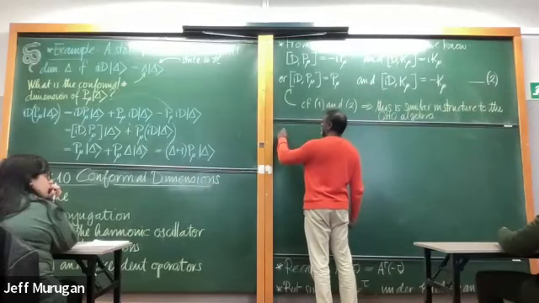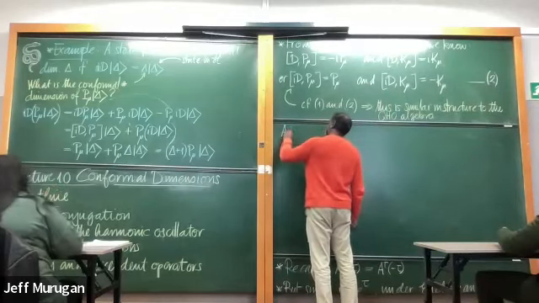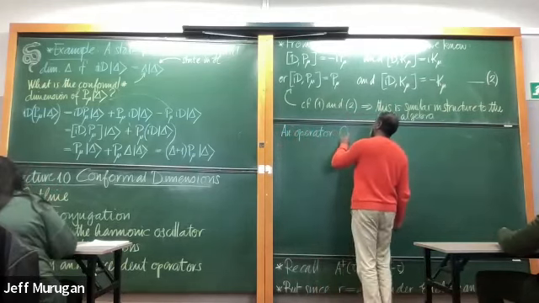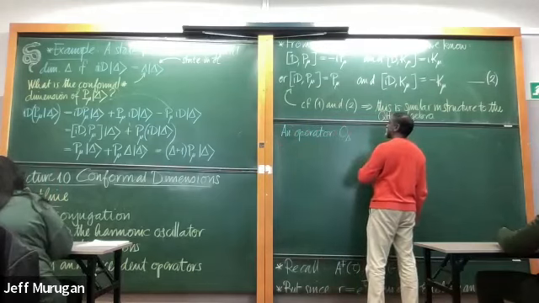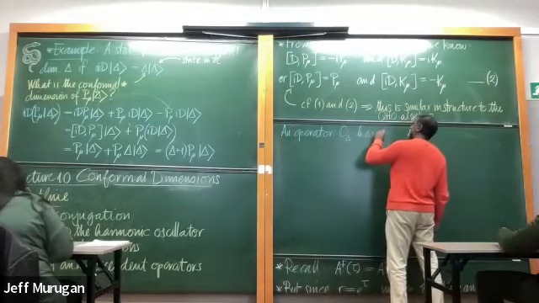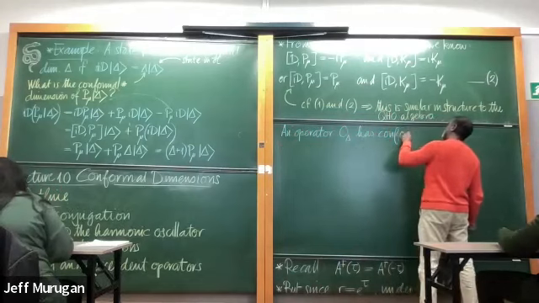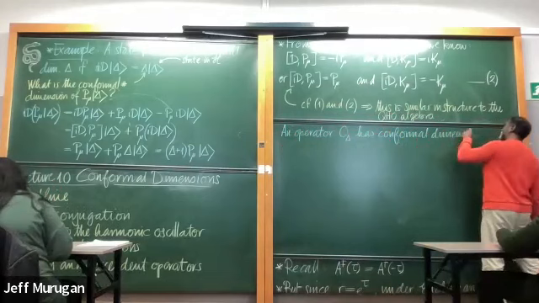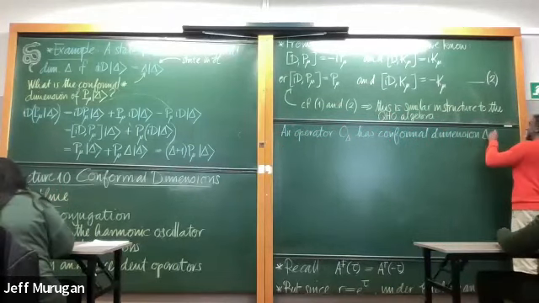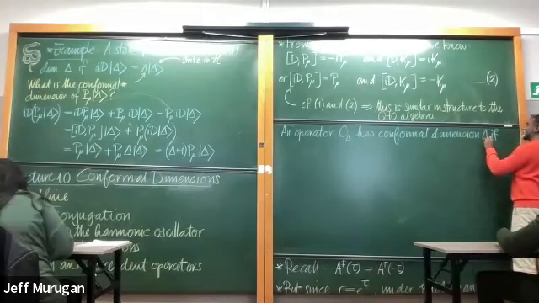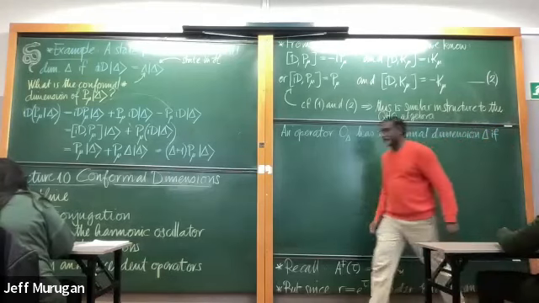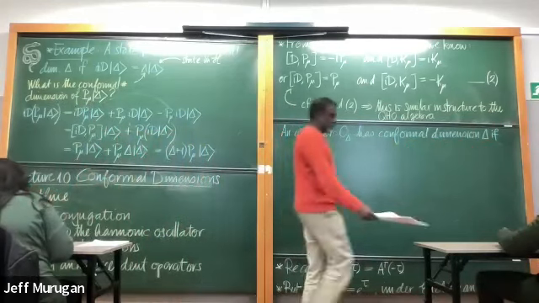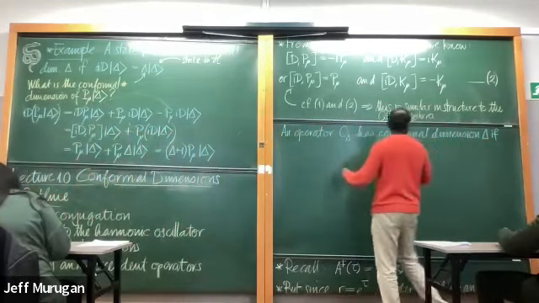Moreover, an operator, let's say O sub delta, has conformal dimension delta if it satisfies that the commutator of ID with this operator is delta times the operator.